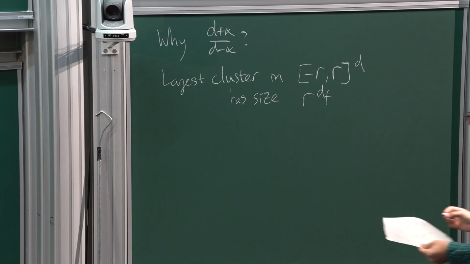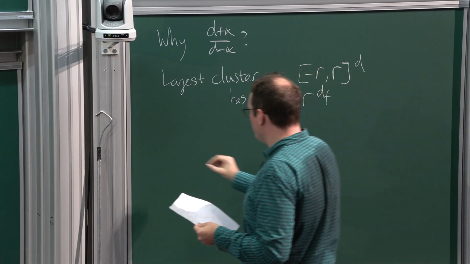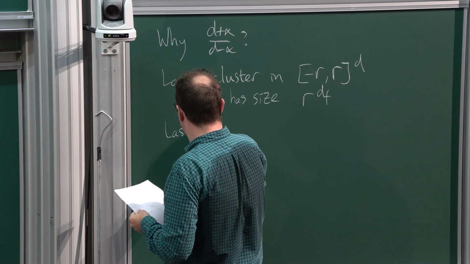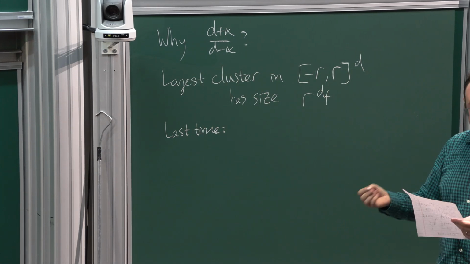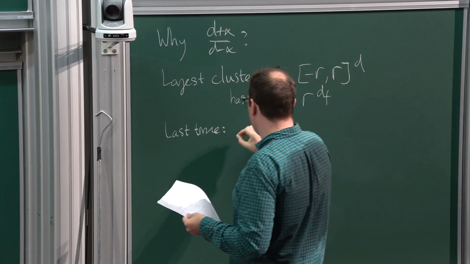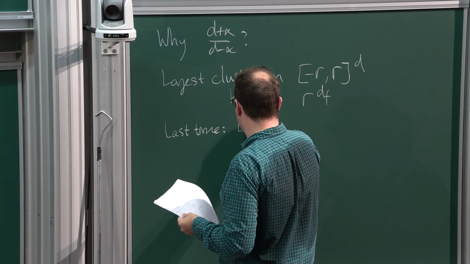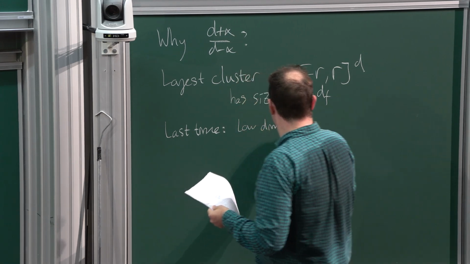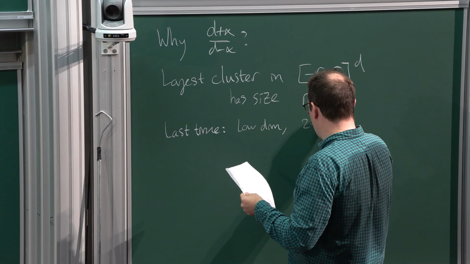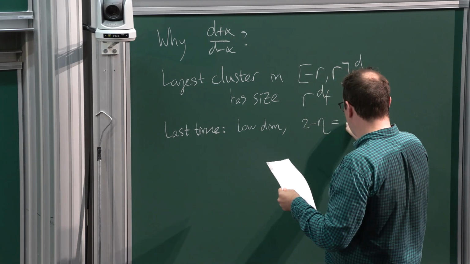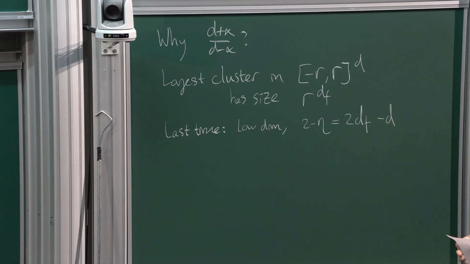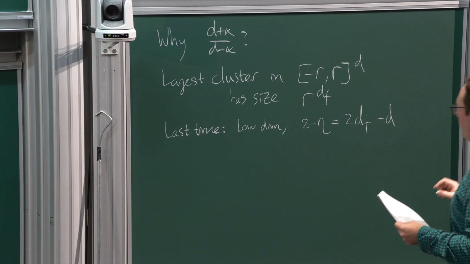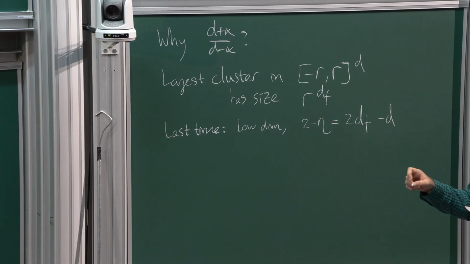Okay, and we saw last time that in low effective dimensions, what you should expect, again, from heuristic arguments, is the hyperscaling relation 2 minus eta is equal to twice the fractal dimension minus the ambient dimension. Okay? So how can we relate this to delta?